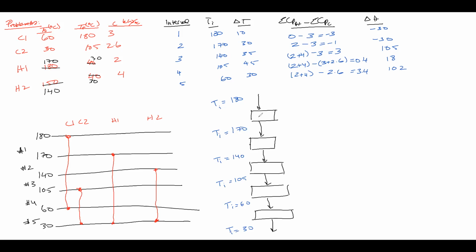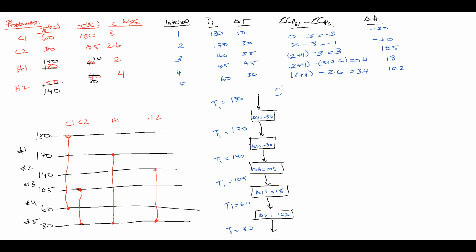And then I'm just going to write the delta H's here. So delta H minus 30, minus 30, 105, delta H 18, delta H is 102.